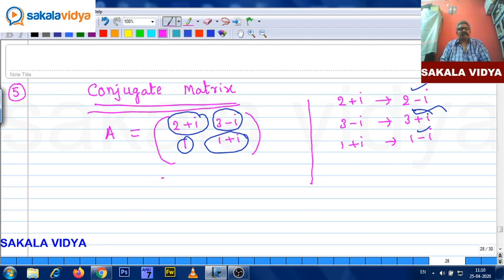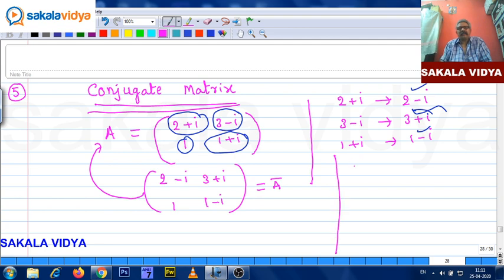So, if you replace them, you get 2 minus i, 3 plus i, 1, 1 minus i. This is called the conjugate of A, denoted by A bar. Now, A bar transpose is equal to A, then A is called Hermitian.